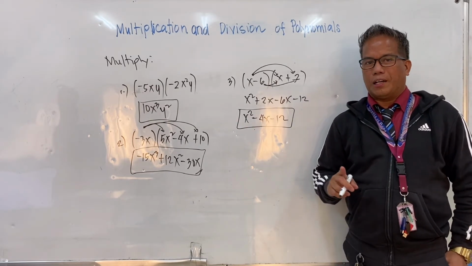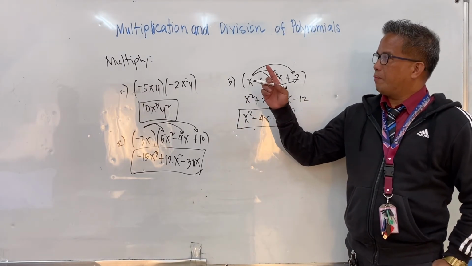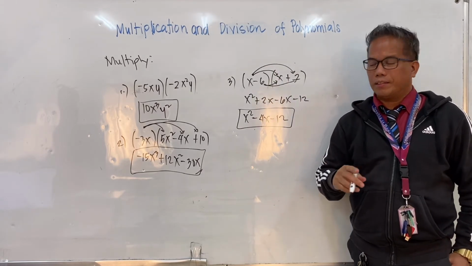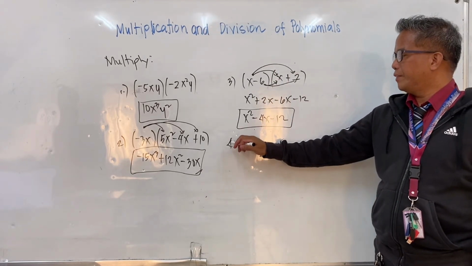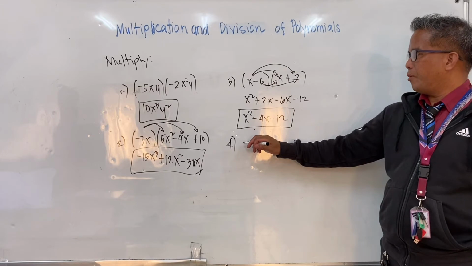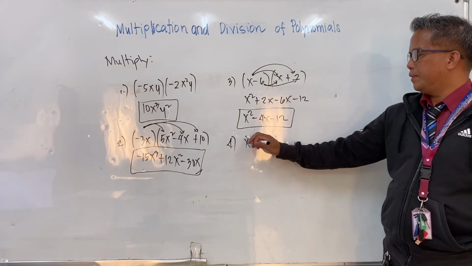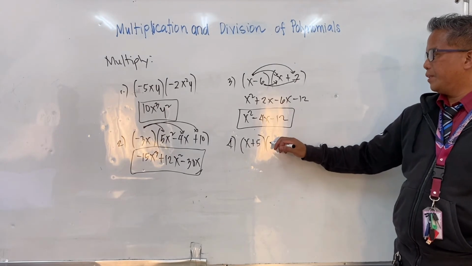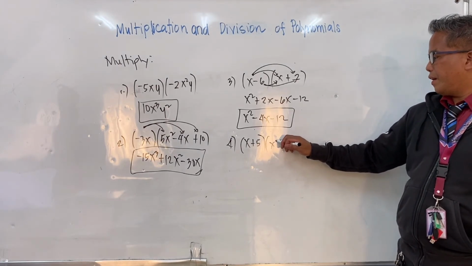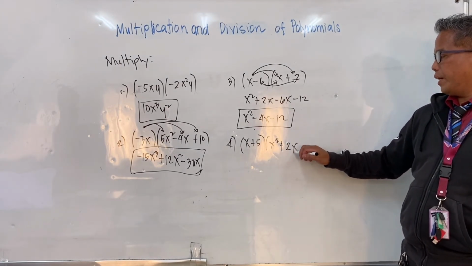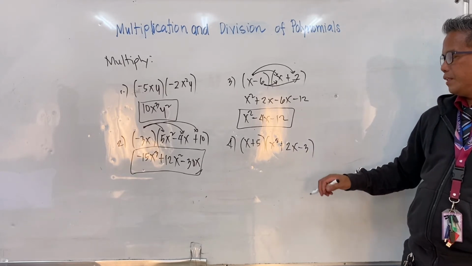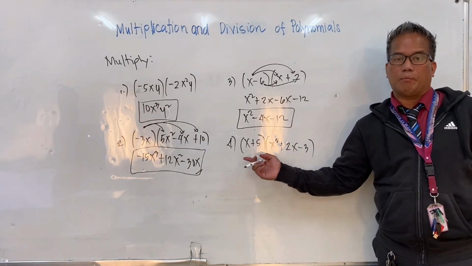Last example in multiplication of polynomials. Number 4. How about if we have x plus 5 times x squared plus 2x minus 3. So binomial multiplied to a trinomial.